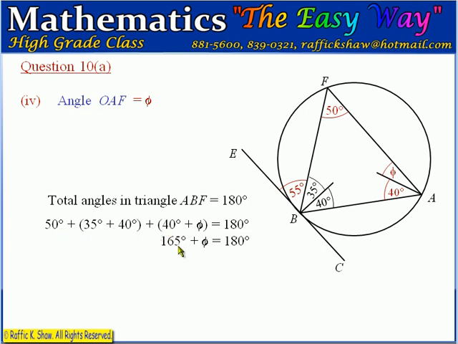So the sum of these four angles is 165 degrees, and then we're adding phi, and the result is 180 degrees. To find phi, we simply subtract the 165 degrees from both sides, and so phi is 15 degrees. So this angle right here is 15 degrees, and we can put that information back and mark that angle 15 degrees.